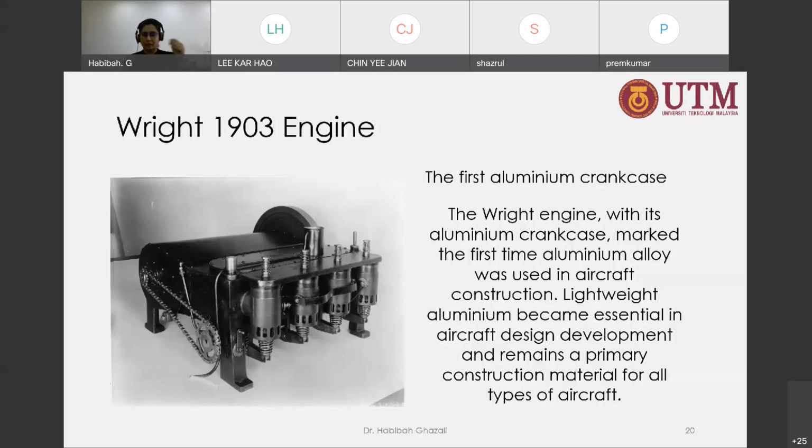So what they did was that they painted it black, so people wouldn't know that they were using aluminum as the crankcase for their engine. And this crankcase actually has a composition of 92% aluminum with 8% of copper. So that was the first time aluminum alloy was used in aircraft construction.